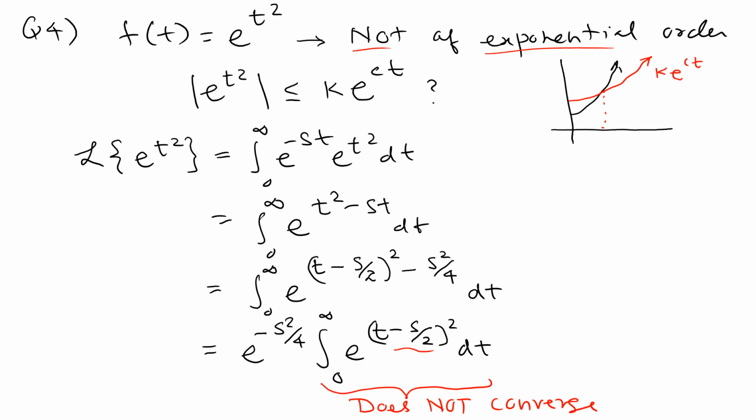So this integral does not converge, which means it does not exist. That is the reason why this integral cannot exist. So the Laplace transform of e to the t squared does not exist.